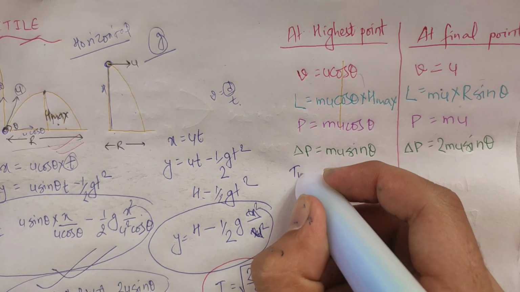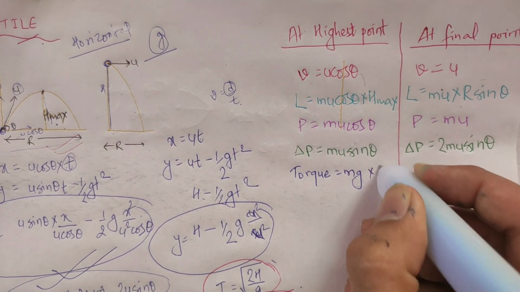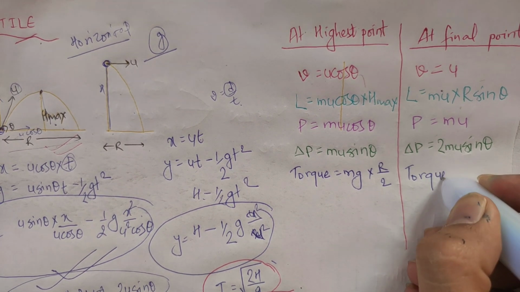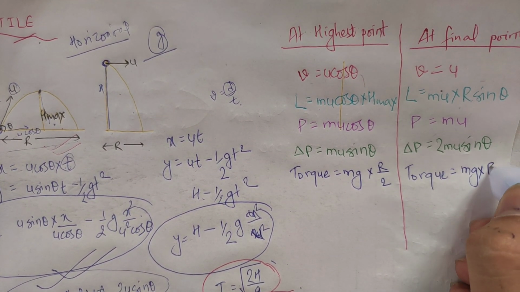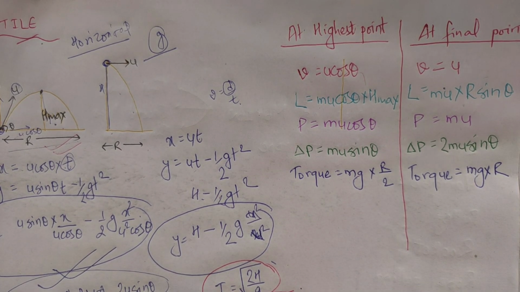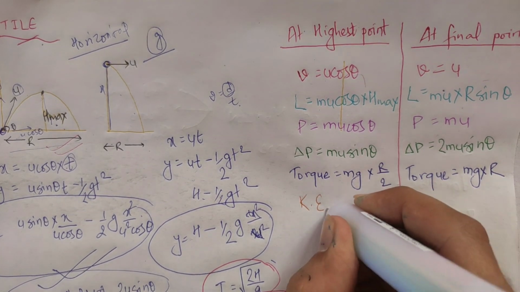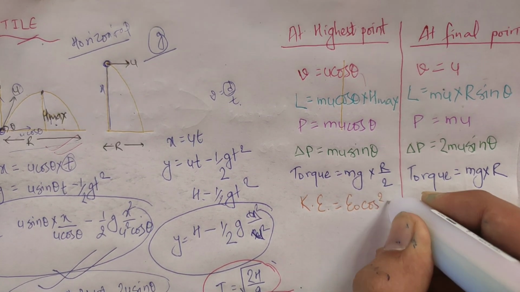Here torque is equal to m g into r by 2. Here torque is equal to m g into r. Here kinetic energy is equal to E naught cos square theta.